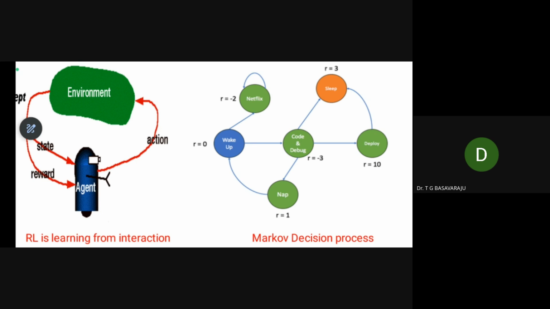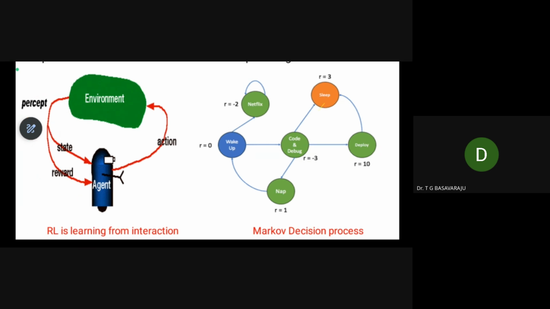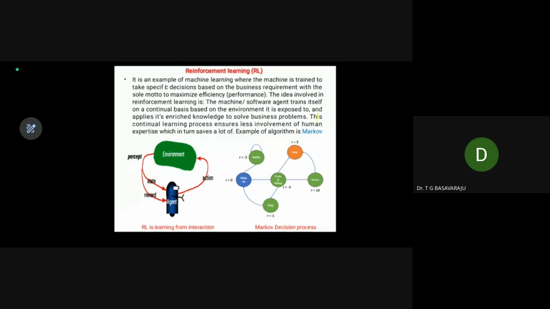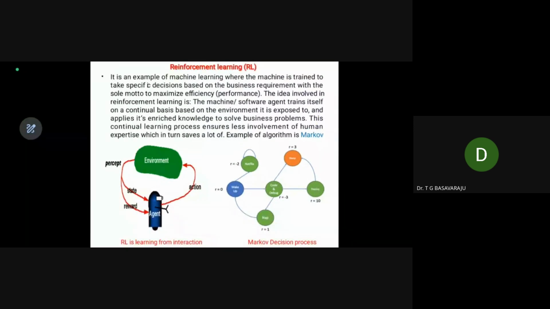R equal to 0, R equal to 1, R equal to -2, -3 are all different states that the agent will go through. In order to get a particular reward, he will have to move from one state to another state. That is a basic understanding of reinforcement learning.